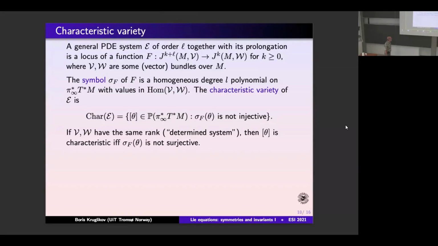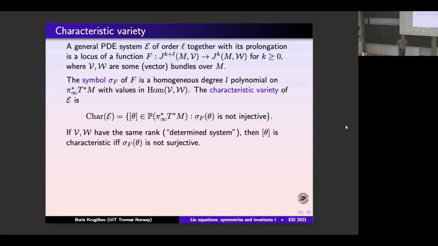So the symbol for k equal to l will be a homogeneous polynomial of degree l on T star, with values in Hom(V, W). Basically looking at each component. So what is this matrix? Hom(V, W) is a space of matrices, right?